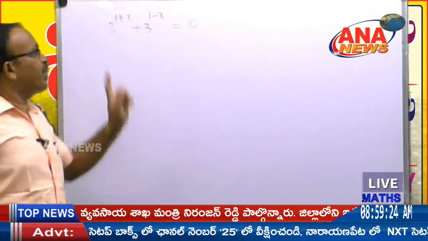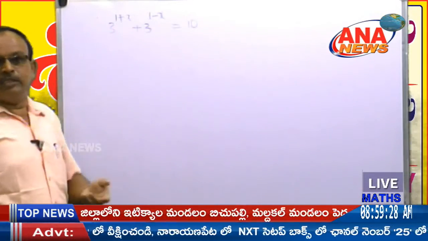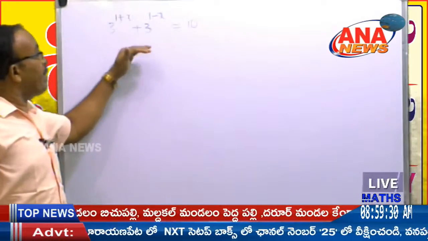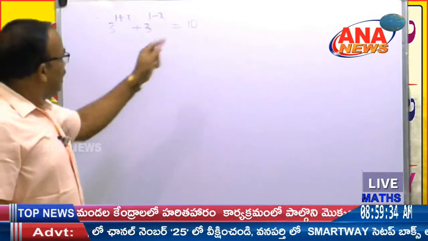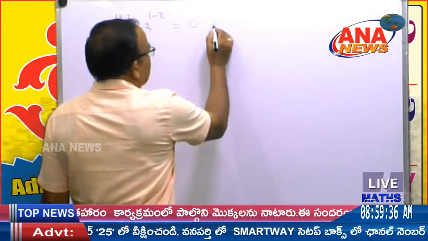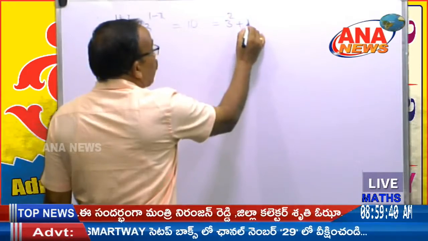Here 3 power something, an easy method. The logical method: of course, 3 power something plus 3 power something is equal to 10. This 10 can be expressed as 3 square plus 1.